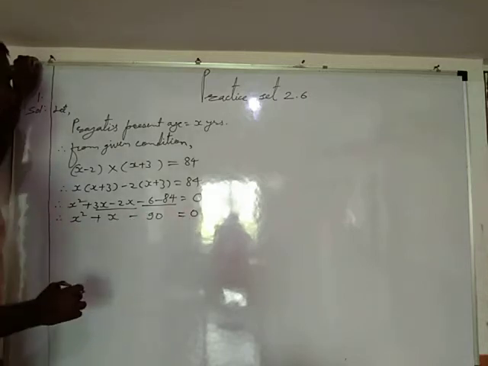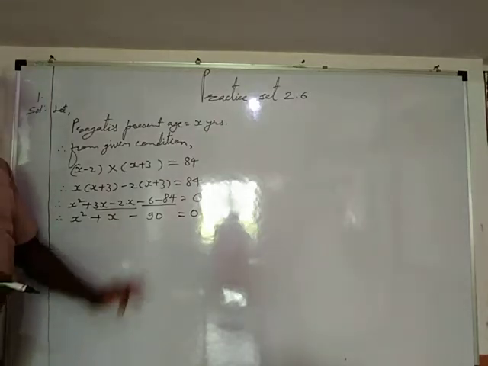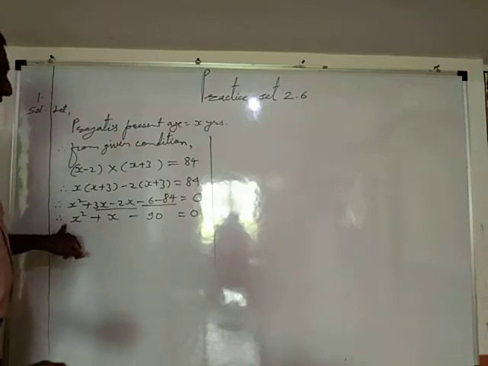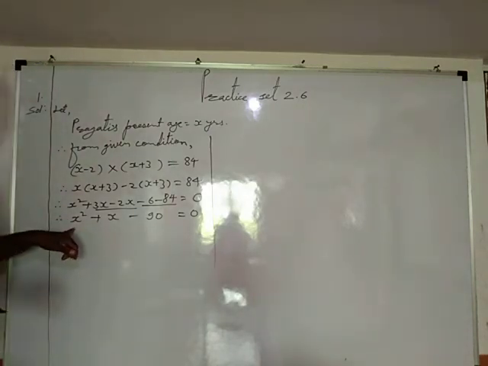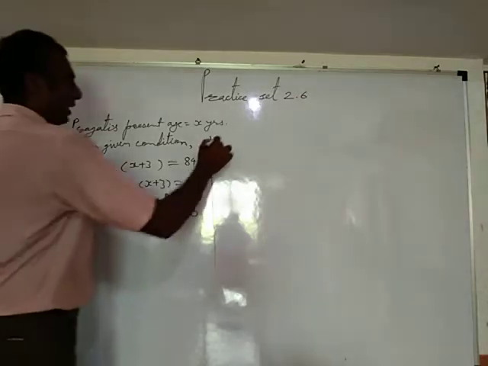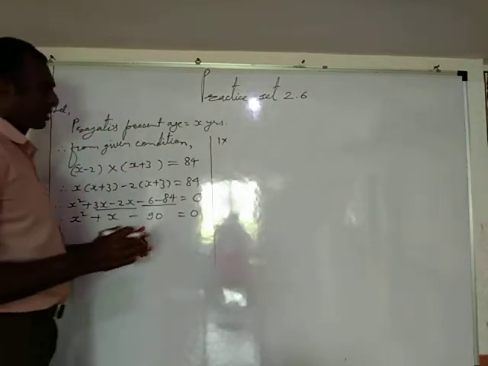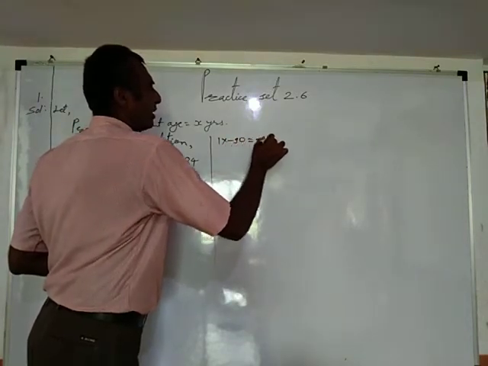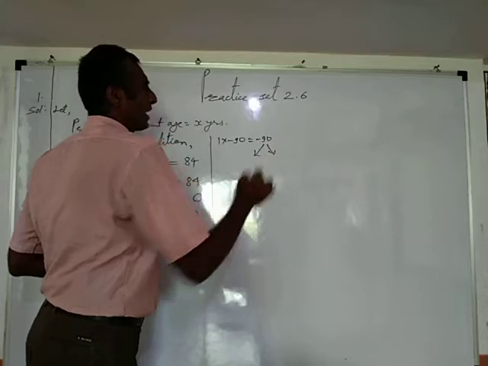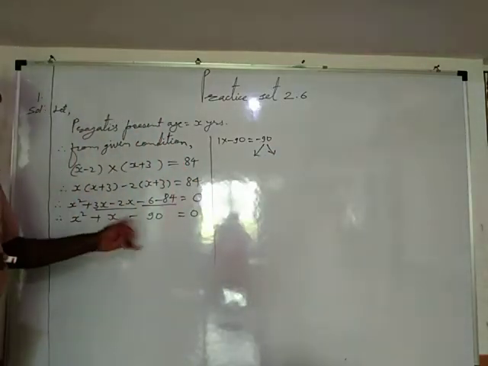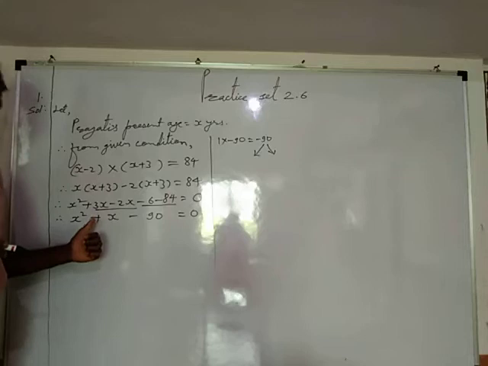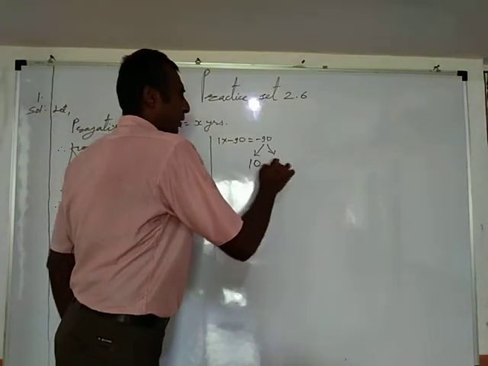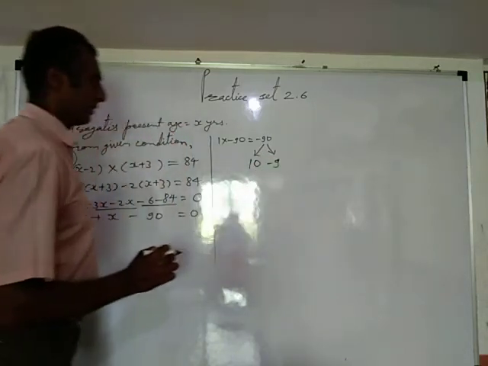Now it is in a form of x square plus bx plus c equal to 0. Now factorize product of a into c. Here a means coefficient of quadratic term, which is 1, into c means constant term, which is minus 90. 1 into minus 90 gives us minus 90, and split those minus 90 in such a way that their addition will be the coefficient of linear term, means 1. 90 we may factorize as 10 into 9, plus 10 minus 9.